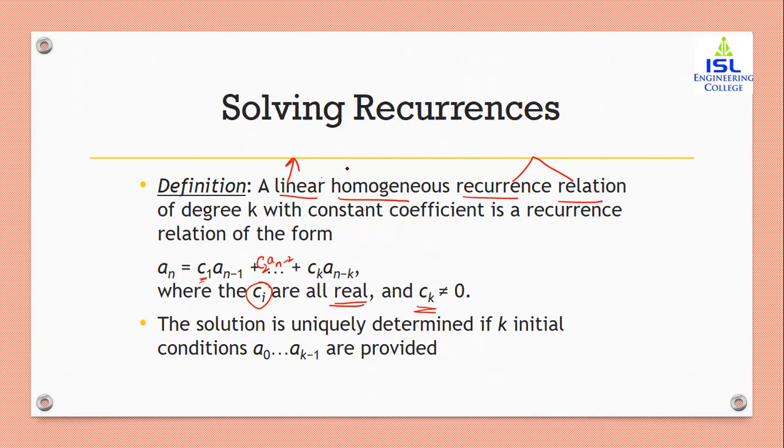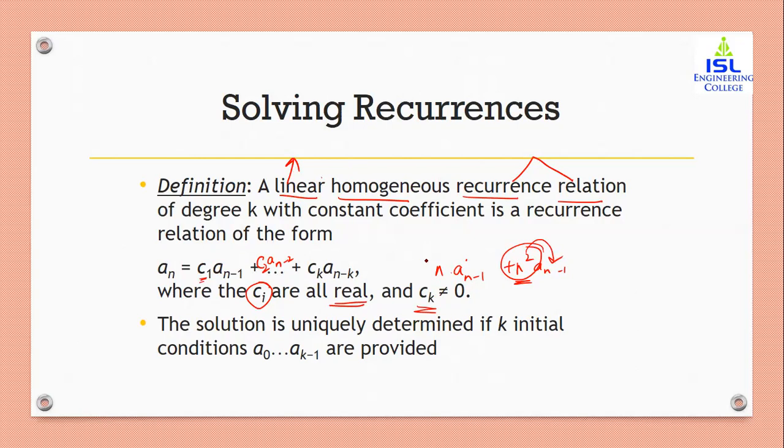Also, the terms can be multiplied by a function of n. So you can have n times a_(n-1) or plus n squared times a_(n-1). Some function of n can be multiplied to the previous term, and it can still be linear.